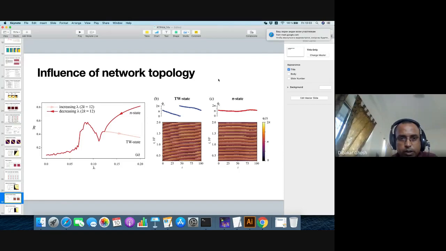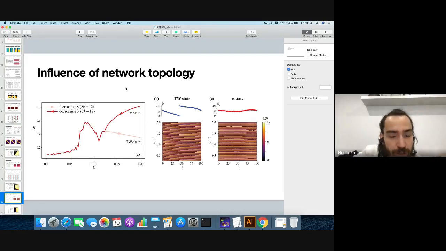Yeah, this state, this slide. But for pi state, you have taken just different initial condition. The initial conditions are random, but the network converges to the pi state due to the very high coupling strengths. So this solution, the pi state solution, is much more stable than the traveling wave state.